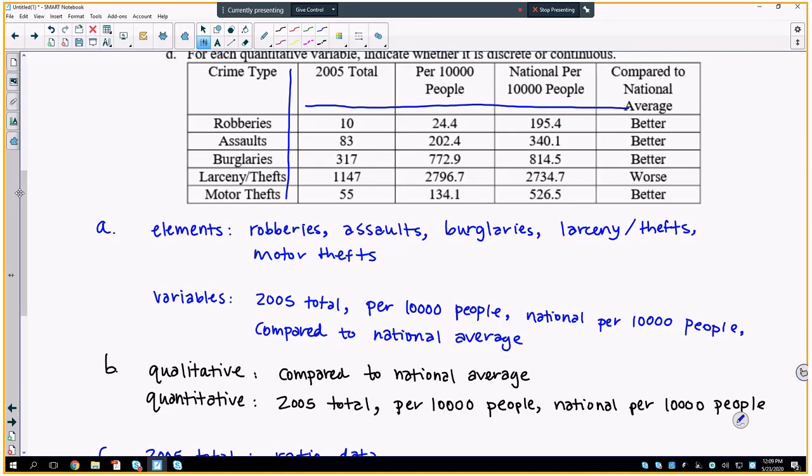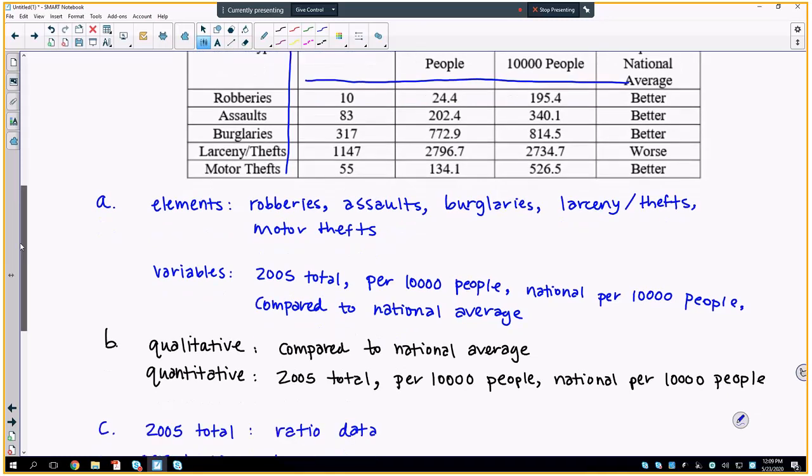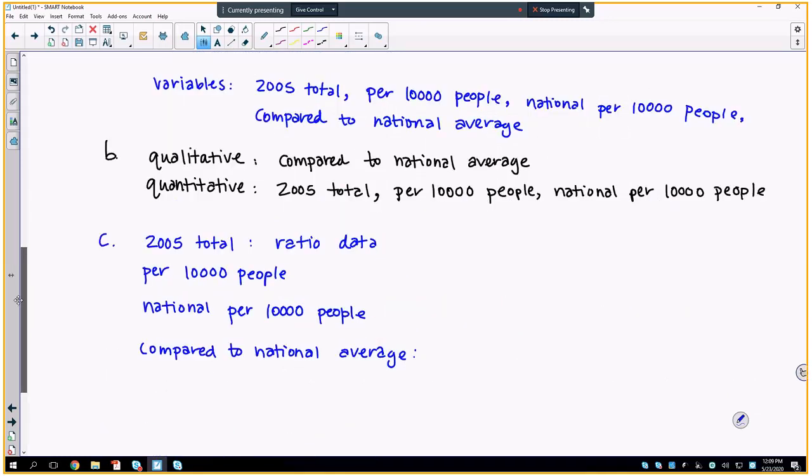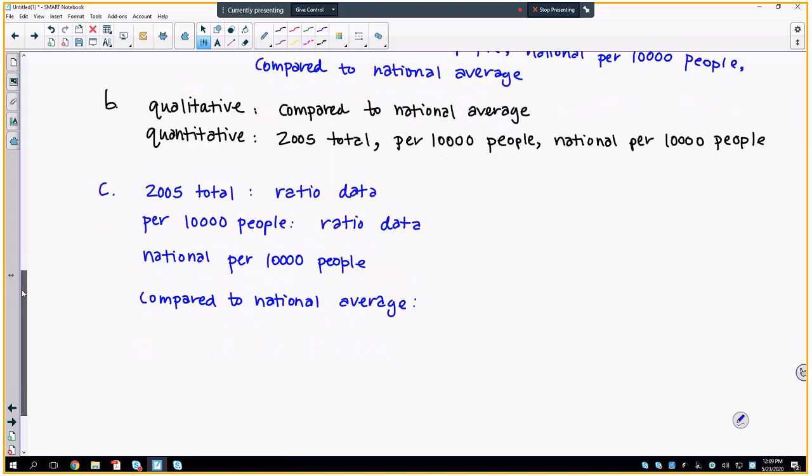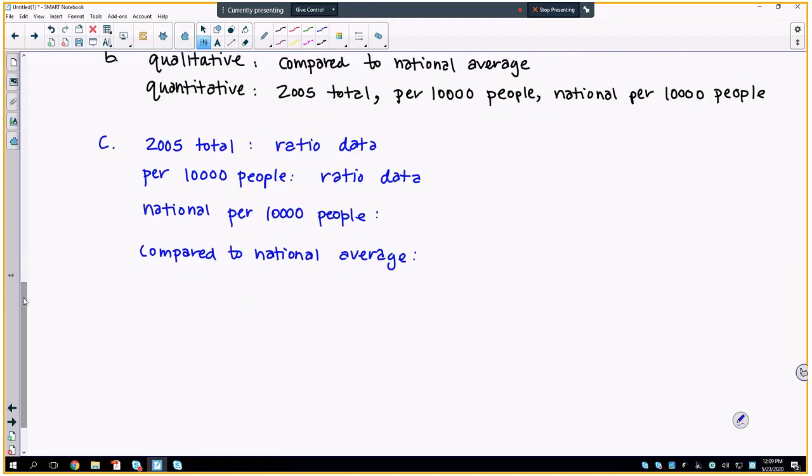The only difference between those two columns is that we're looking at just Stillwater for the per 10,000 people, or we're trying to compare to the entire population for the national per 10,000 people. So both of those columns should be ratio data because, again, we can find the difference between two elements, or we could find their ratio.